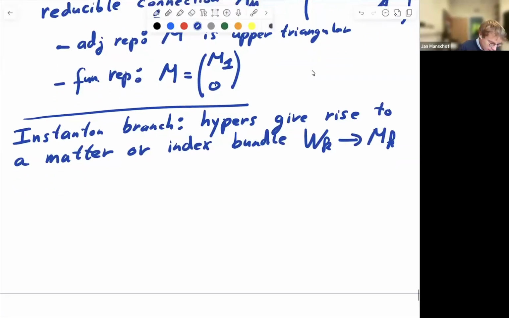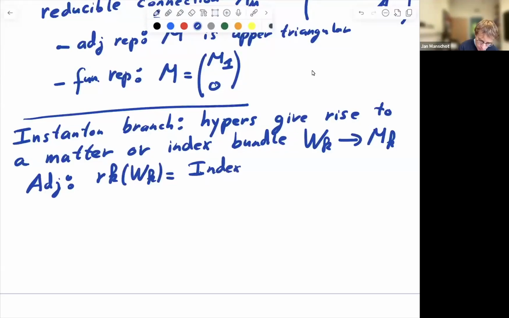And we can calculate the rank of these bundles. This is then the index of the Dirac operator.